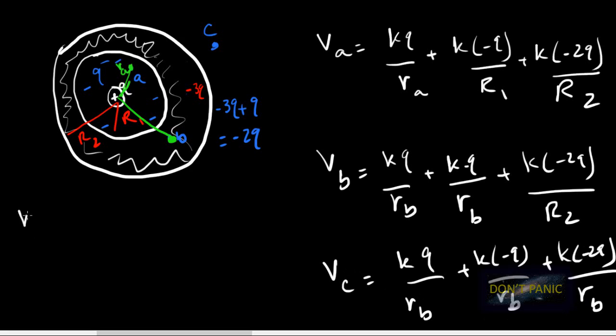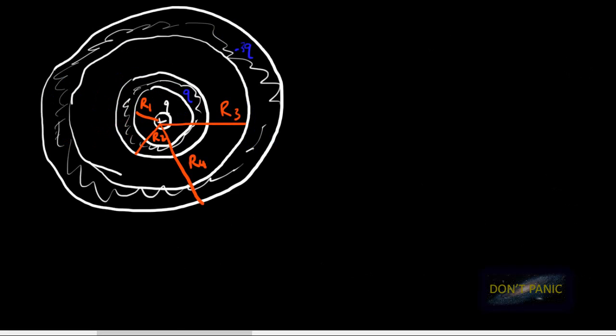Suppose you want to find the work done in going from C to A, then that would be whatever charge you're moving between them times VA minus VC, since final is going to be A and initial is going to be C. This would be a potential difference, and this would give you the work in moving the charge.